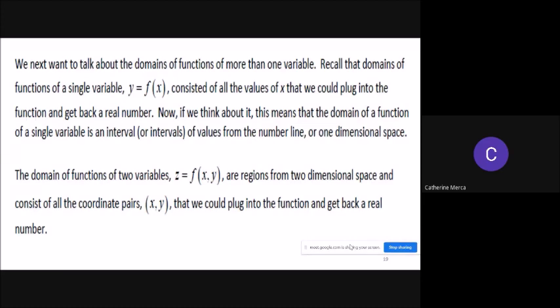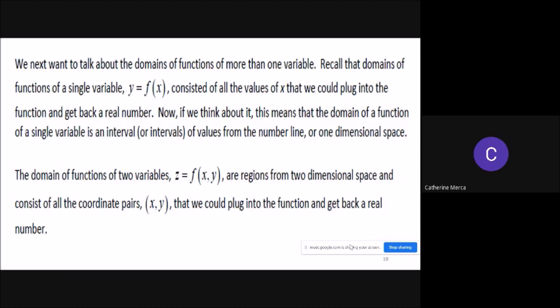For the domain of functions of two variables, they should be regions. So one is just one-dimensional space, the number line. But for the domain of functions of two variables, we are talking about regions from two-dimensional space, and it should consist of all the coordinate pairs (x, y) that you could plug into the function to be able to get a real number.